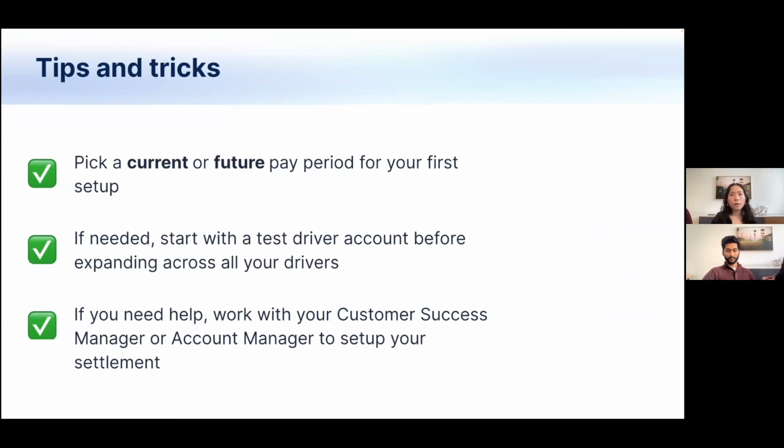So for example, if your pay period ended on April 12th, 2 days ago, we recommend that you continue to run that pay period on the current process. And then from the 13th onwards, which was yesterday onwards, that would be still an active pay period. And so we would recommend that you start driver settlement on an active pay period or next week's pay period. So that's the first tip that we want to throw out.